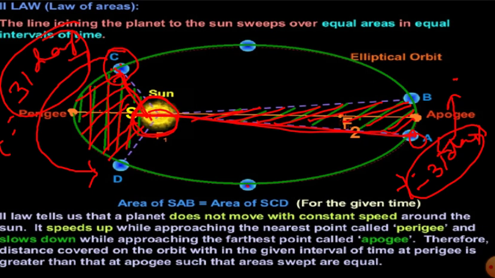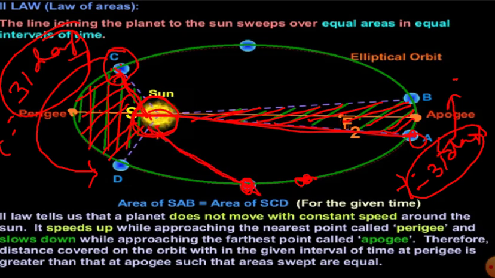Suppose you take it somewhere here, let's say around Mars, and it is coming somewhere here in April. Then the line joining this planet and the sun will be this line.